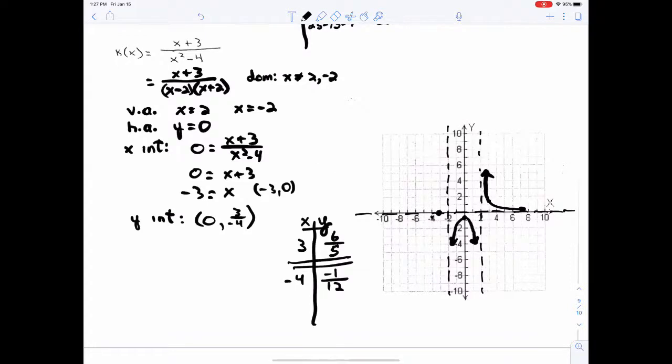If it's passing through, it's got to come from the top and go through the bottom. Now, here's the weird part. Notice the graph at this point is going down. Well, remember the graph has to approach the horizontal asymptote. So it's going down. Well, somewhere it's got to turn around and come back. So you have to really think about what it is you're drawing.